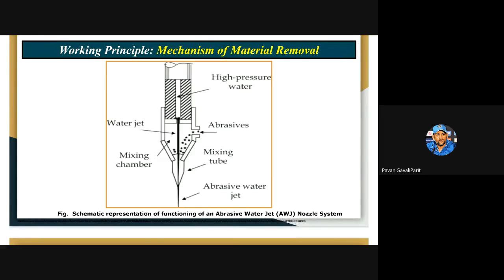With such a high velocity, this abrasive water jet will strike the workpiece at the top surface of the workpiece. Then the kinetic energy of these abrasive particles is responsible for the removal of material from the workpiece.